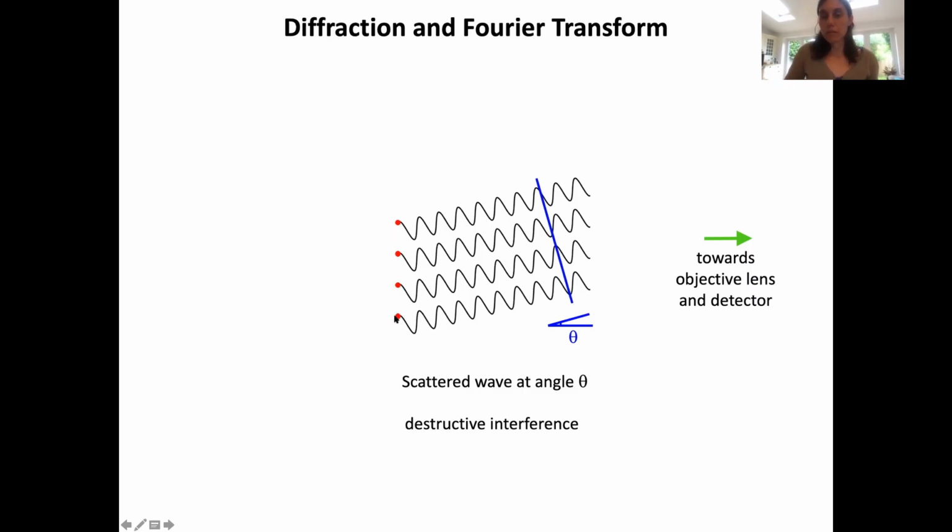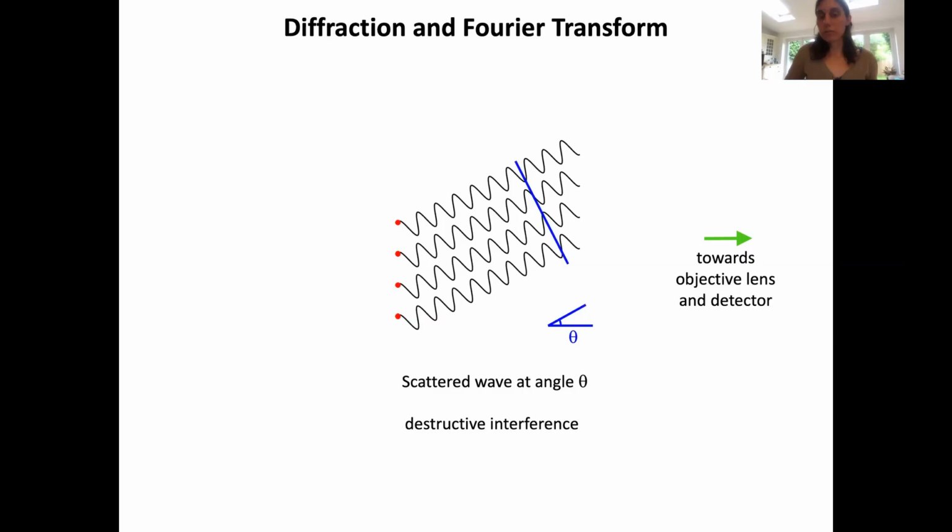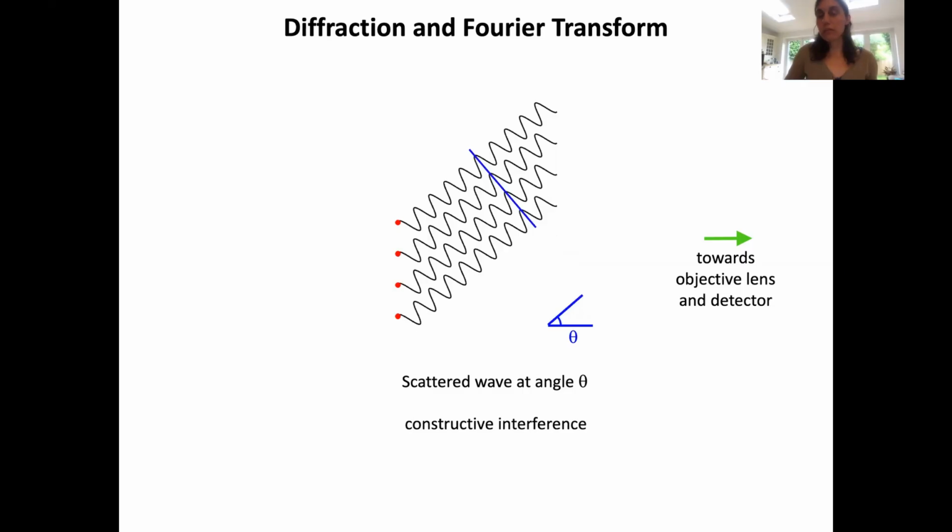Same for this angle. But now we found a larger angle theta where objects that have this particular distance actually scatter with constructive interference. So if we now look at the diffraction pattern, the diffracted waves at this particular angle, the information we see there comes from objects that were at a certain distance from each other.